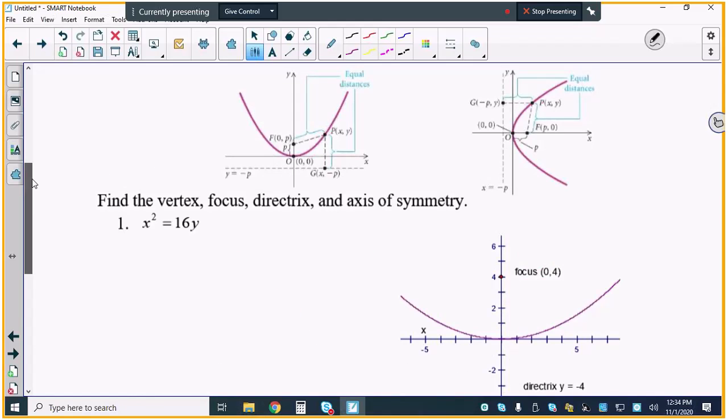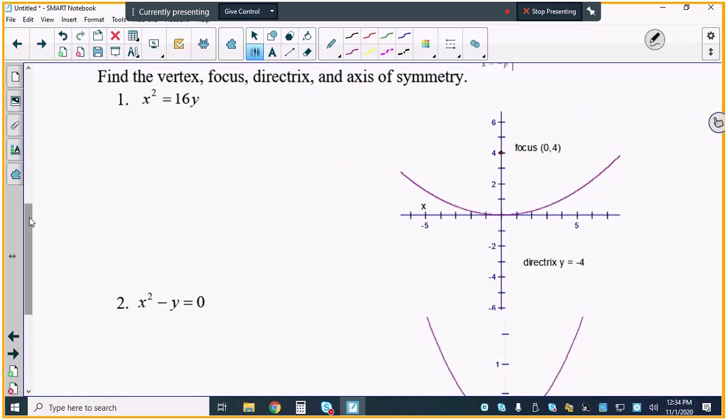We can write it as x minus 0 squared, since in the form I need x minus h, equal to 4 times p, so p must be 4 to make it 16, times y minus 0. So that is the parabola.